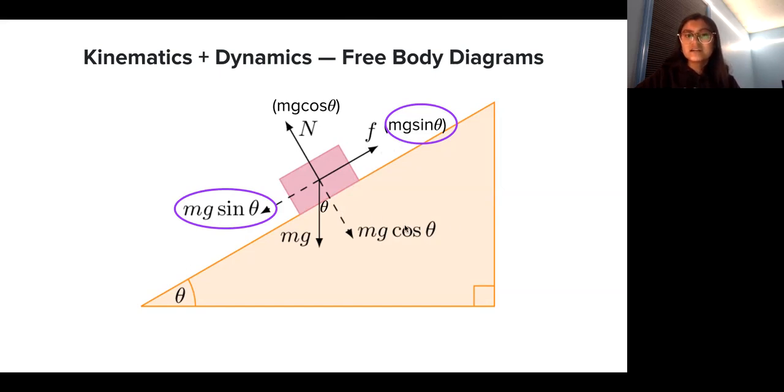So it's honestly just having some practice with this, or knowing these little shortcuts with free body diagrams, can be quite useful. So you don't have to spend a lot of time drawing these out or working through these problems in depth.